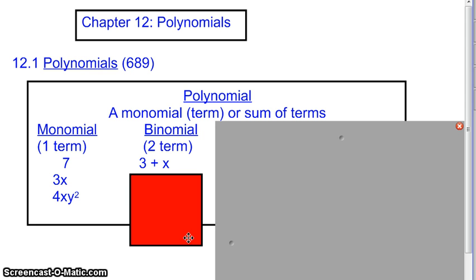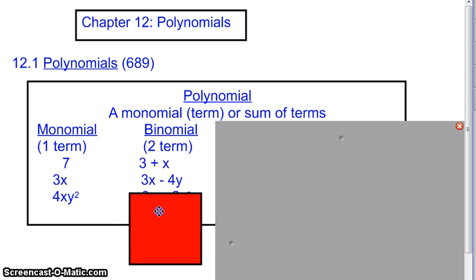Casey? They're not like terms, you can't add them. And Michael? 3x is multiplication. Good. 3x says I'm multiplying 3 times x, and 3 plus x is not multiplication. That's why. Okay? We could have more complicated binomials like 3x minus 4y.